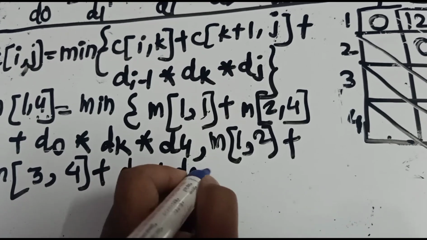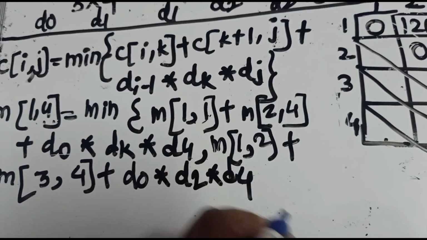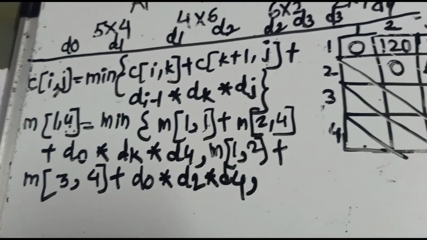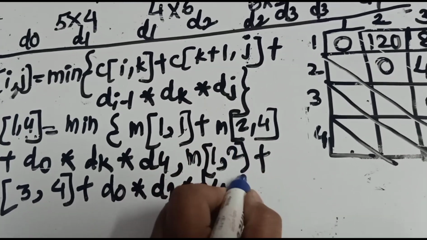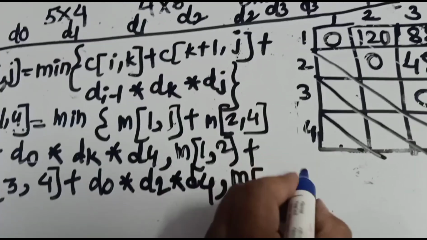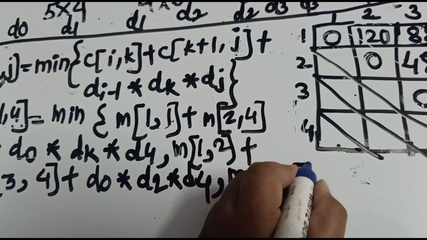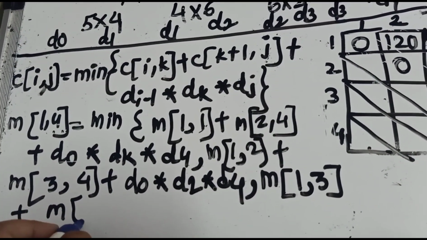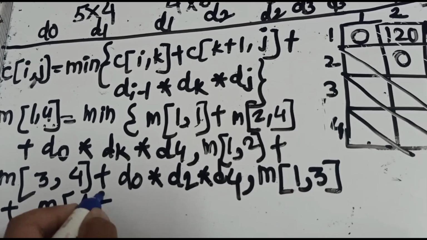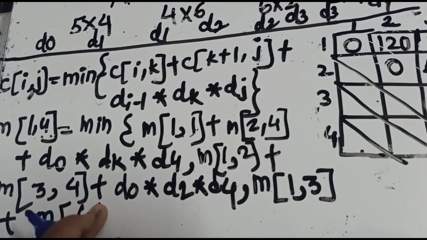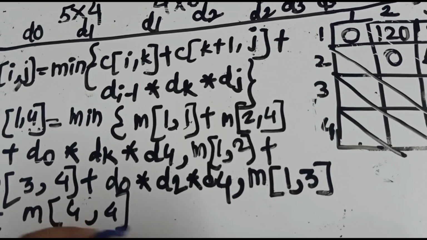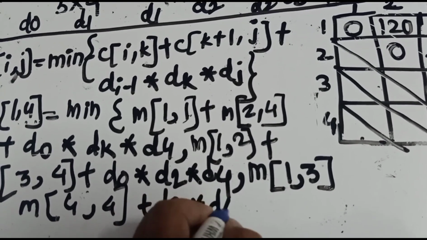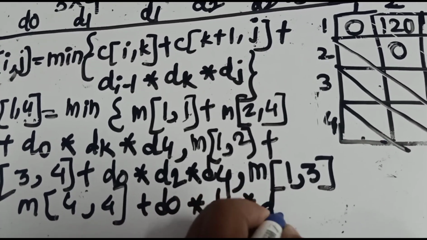Now consider K as 3: M of I, fixed at 1, comma K is 3, plus M of K plus 1, K is 3 so K plus 1 is 4, comma J is 4, plus D of 0 into D of K, K is 3, into D of 4.